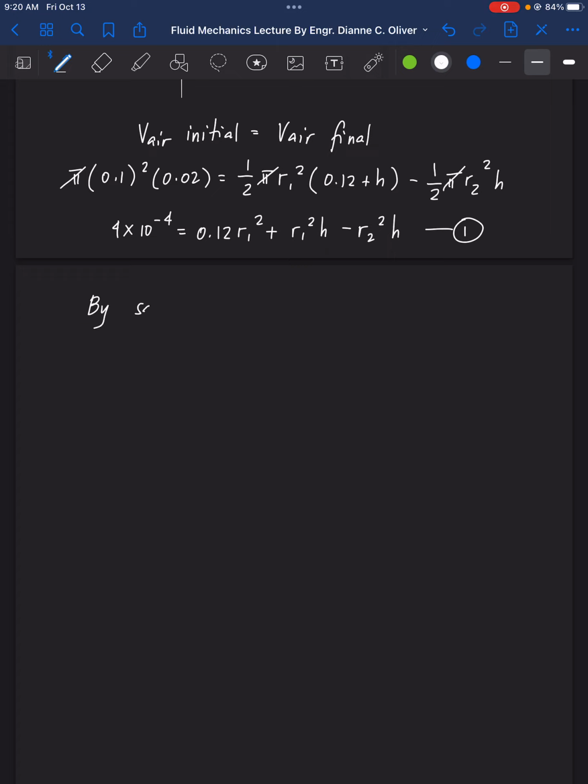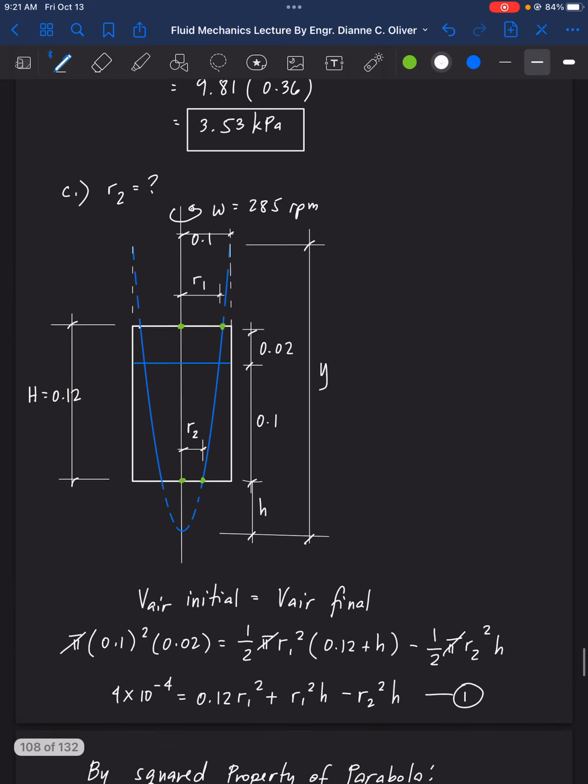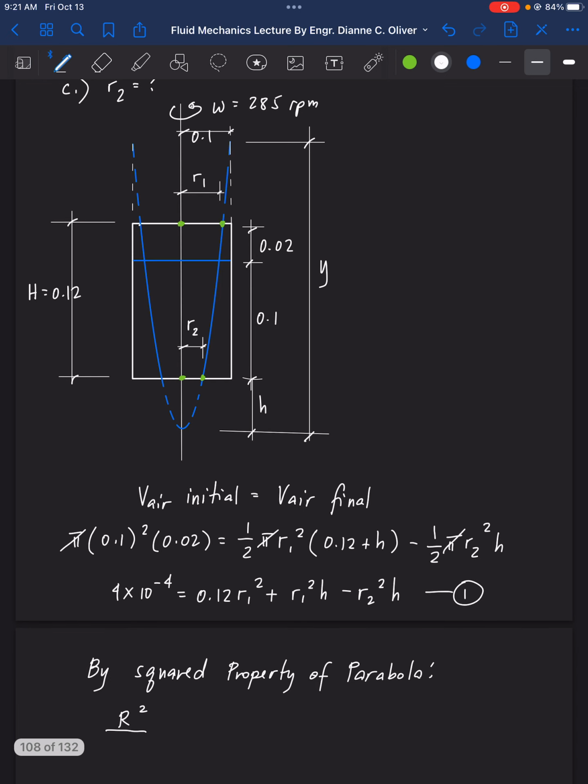By the squared property of parabola, that would be the bigger radius, r squared, all over the total height. So for the bigger paraboloid, the radius is 0.1, and the total height is y.